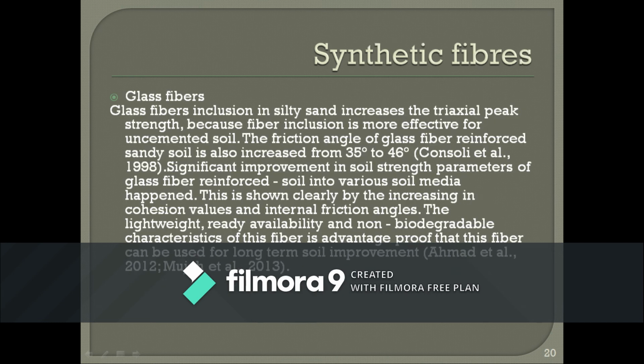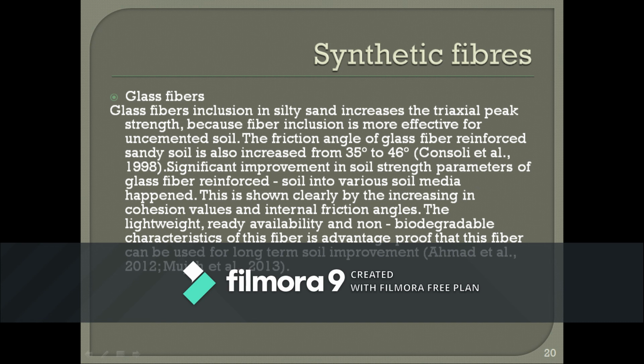The next synthetic fiber we use is glass fiber. Glass fibers are used to the maximum extent because the strength increase is more. Glass fiber inclusion in silty sand increases triaxial peak strength because fiber inclusion is more effective for uncemented soil.